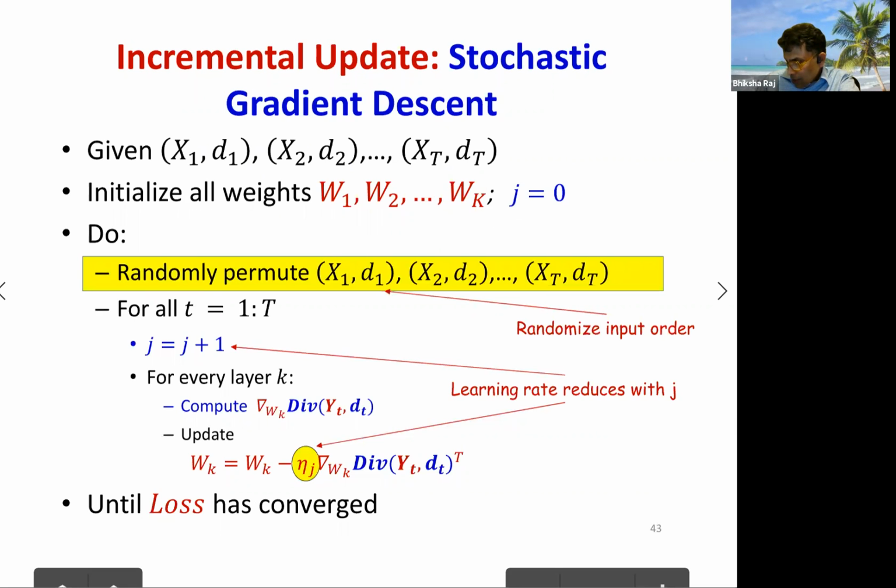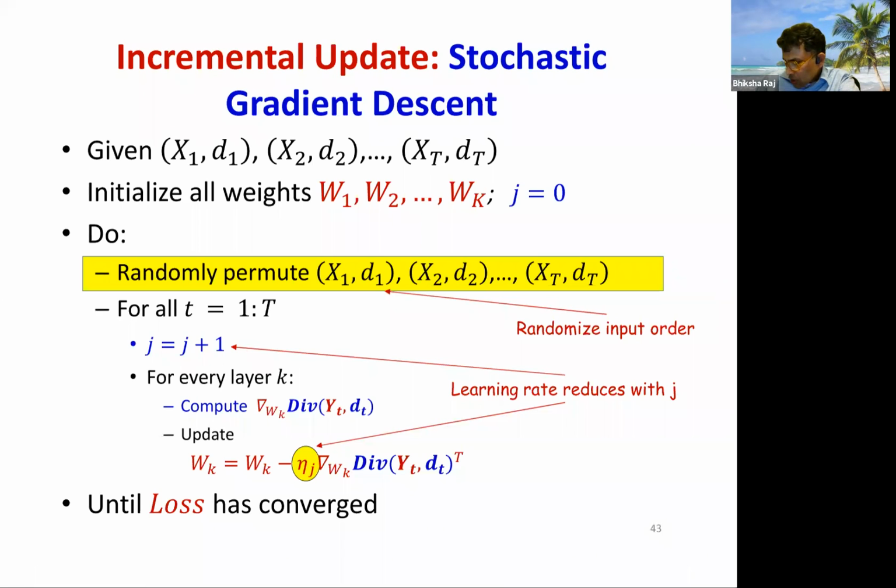The two key features here are highlighted. First, we must randomly permute all of the training instances within each epoch. Second, the learning rate is no longer fixed, but actually changes as we update the model. And ideally, it must shrink with iterations.